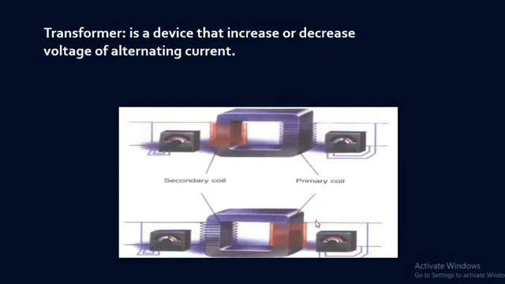But in here this is step down. Why? Because the primary coil has more loops than the secondary coil, so the voltage over here is higher than the voltage of the secondary one. So this is the step down.